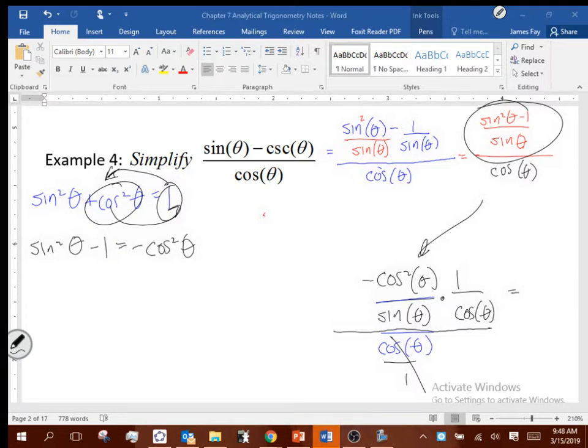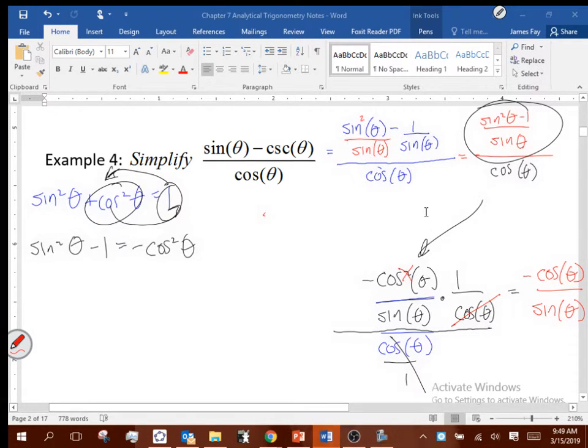So this wipes away. What's going to happen here? That cosine is going to cancel with one of them in here, right? So you're left with negative cosine up top. On the bottom, you're left with sine. Now think about what we did.